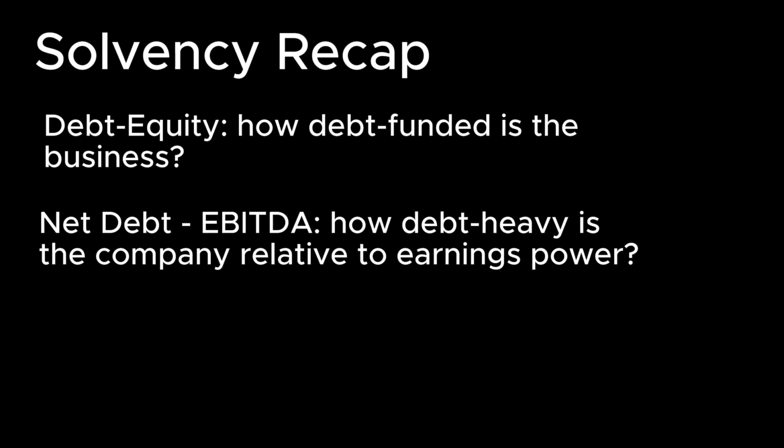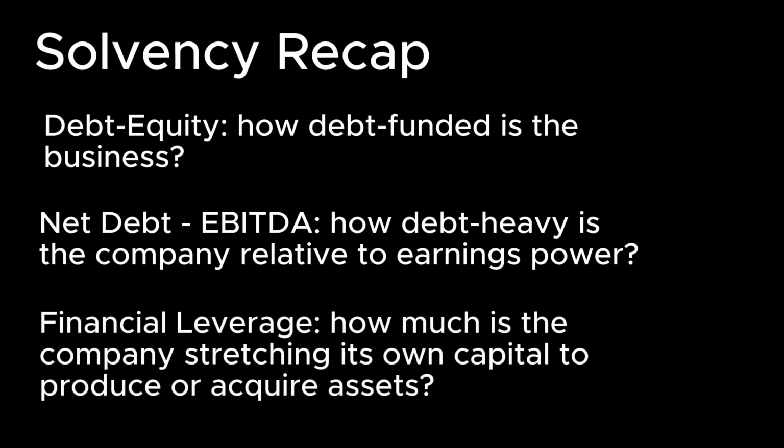The lower the ratio, the better, and the more capable a company is of meeting debt obligations from only its core operations. And finally, for financial companies, our preferred safety measure is the financial leverage ratio, which tells us how much risk the financial institution is taking by stretching its own capital to fund loans, mortgages, bonds, and other core products.